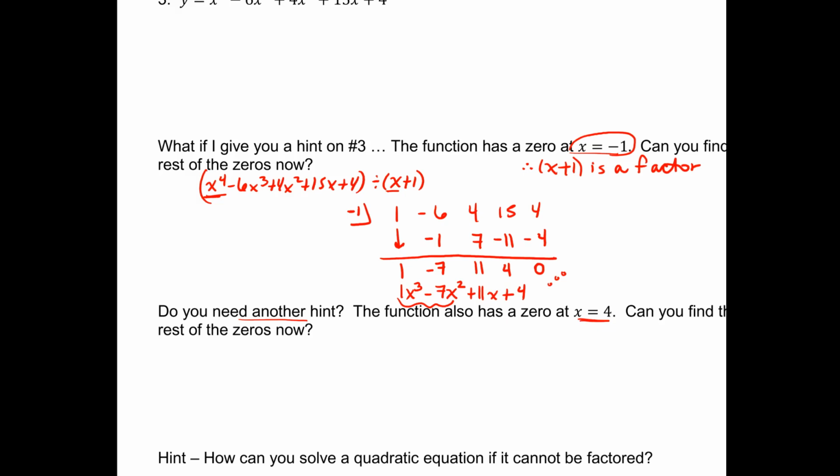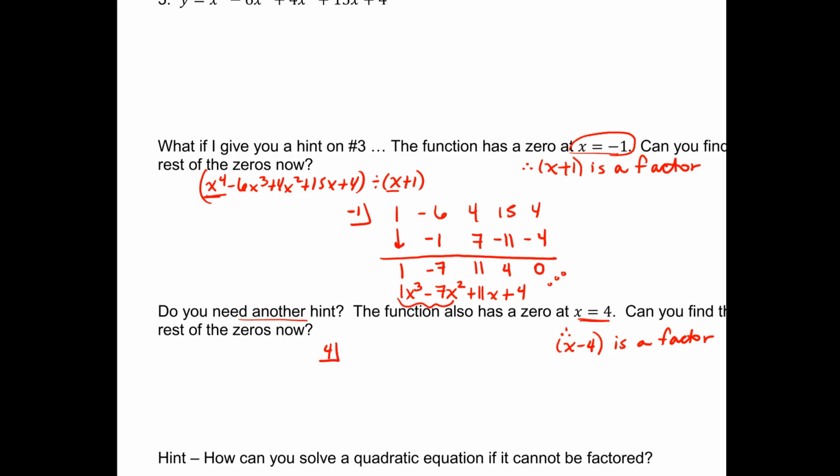Well, what would we do at this point if we know there's another 0 at 4? More synthetic division. If x equals 4, then we know therefore x minus 4 is a factor. But what would my synthetic division look like? What would my process be? The 4 would be in the box.